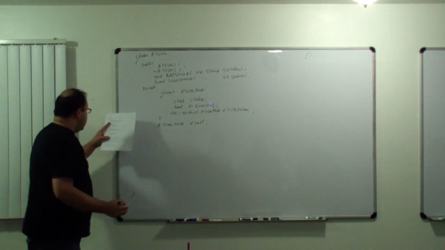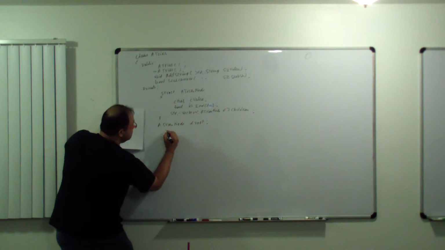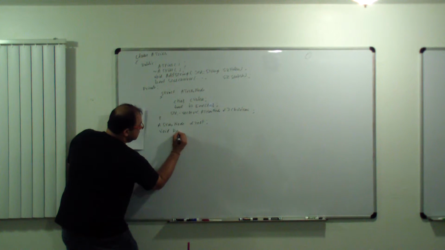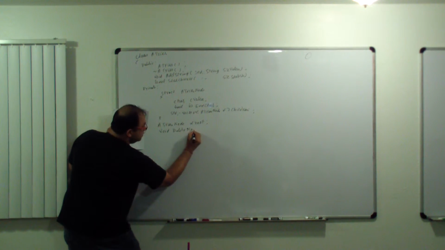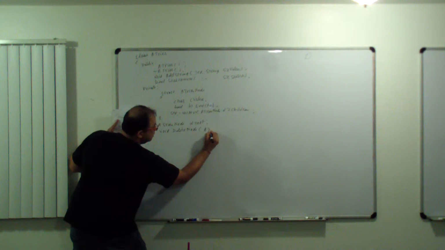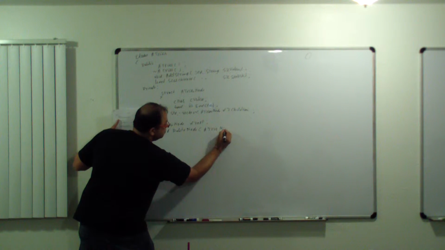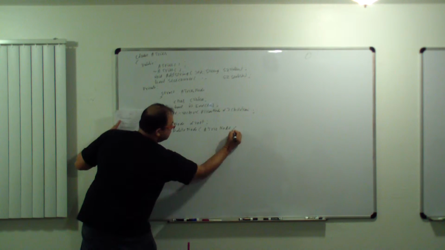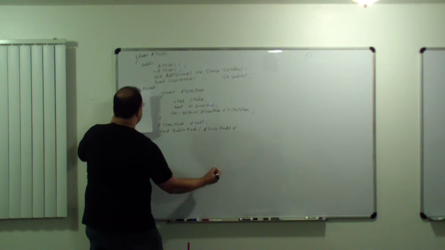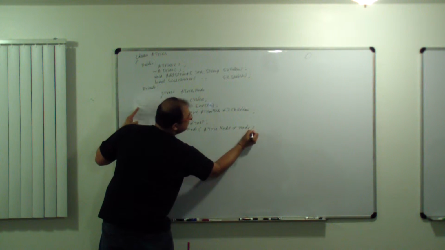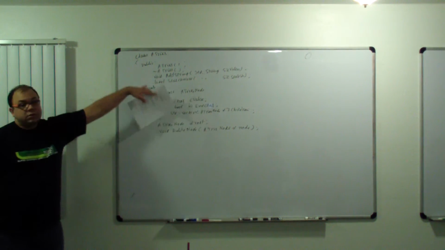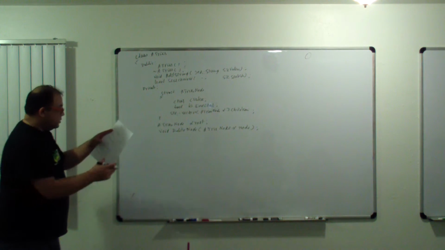Then there is void deleteNode, taking a TriesNode. My handwriting is becoming horrible. The destructor will call this to delete the entire thing.